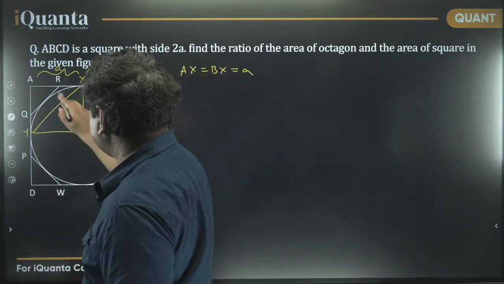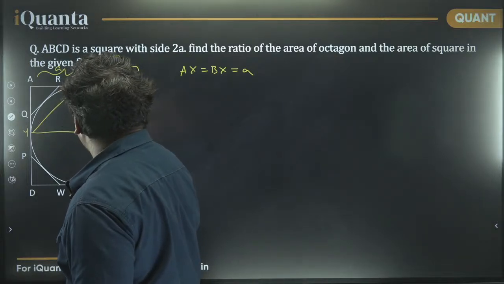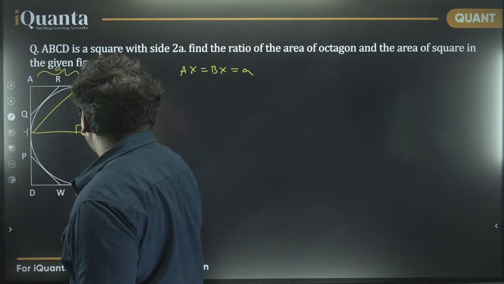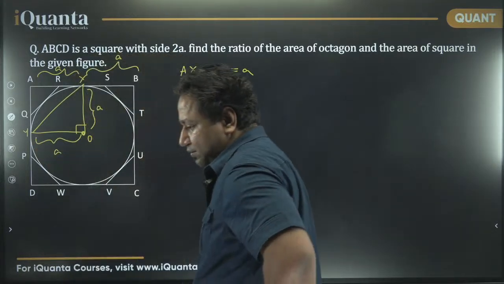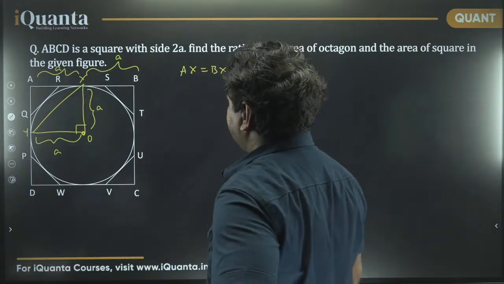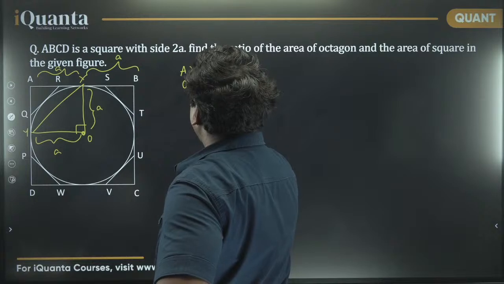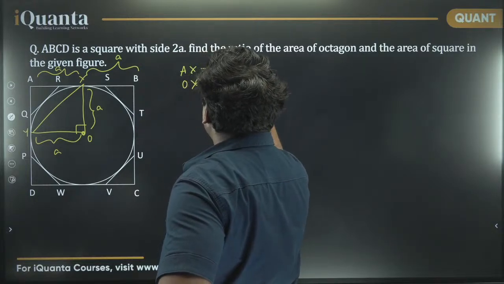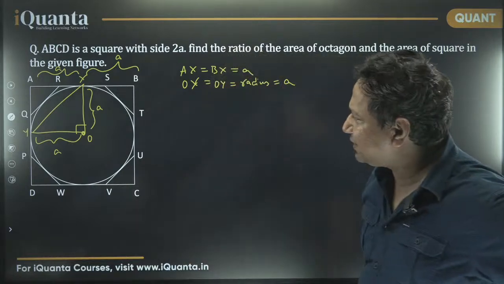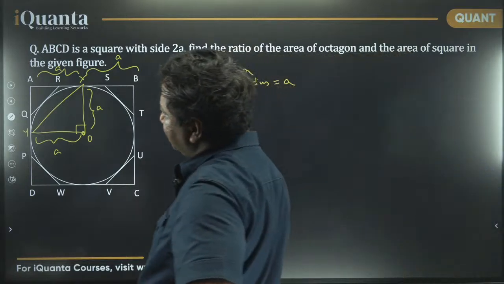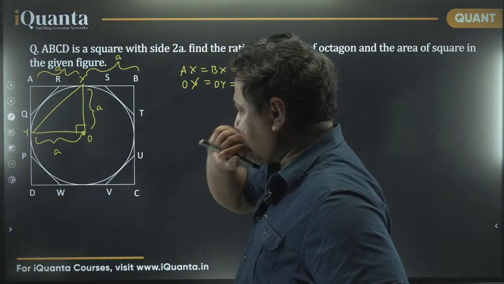Also, as it's a square, that means this thing will also be A, this thing will also be A. Is that fine? So I'm writing OX is equal to OY, that basically radius. That will also be equal to A because we have a square here. Is that cool? समझ में आ गया? Everyone?